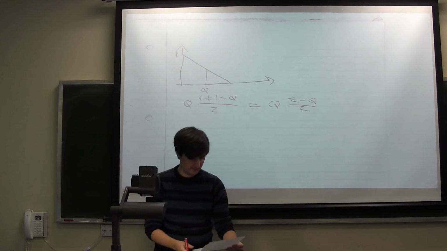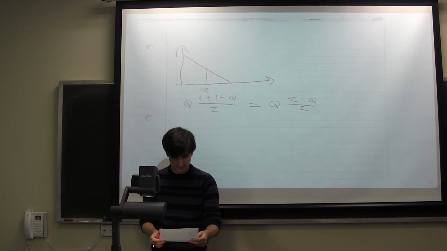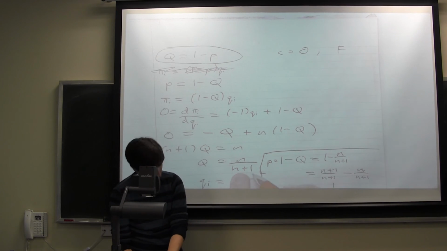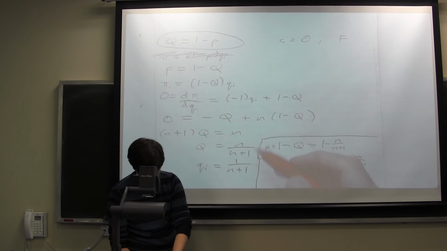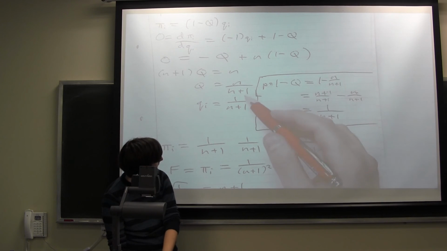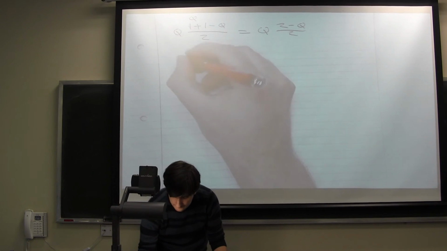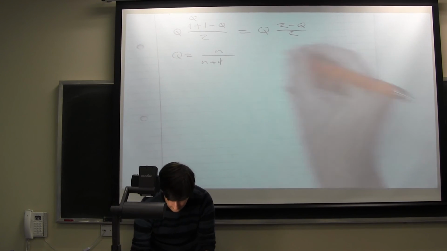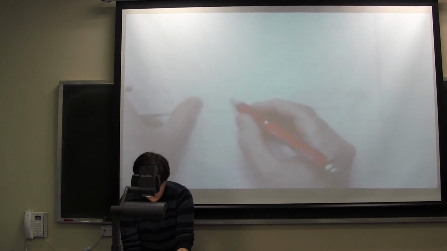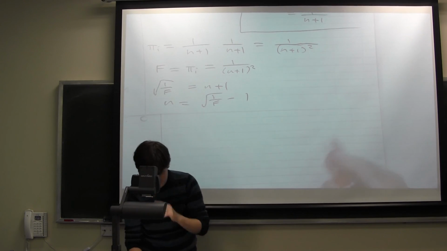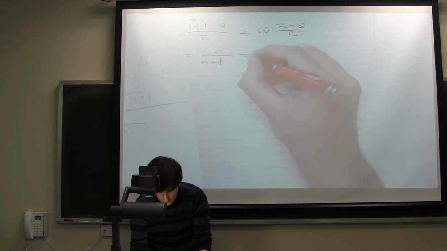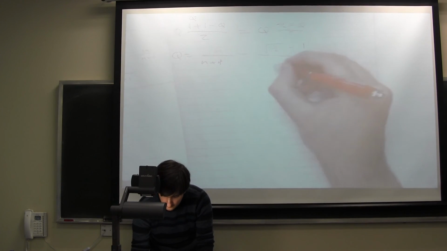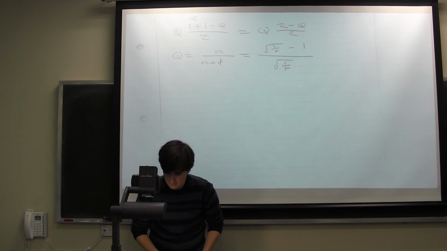So we know the optimal quantity that gets produced. Q was equal to n over n plus 1, and n was equal to root 1 over f minus 1. So this is root 1 over f minus 1 over root 1 over f.